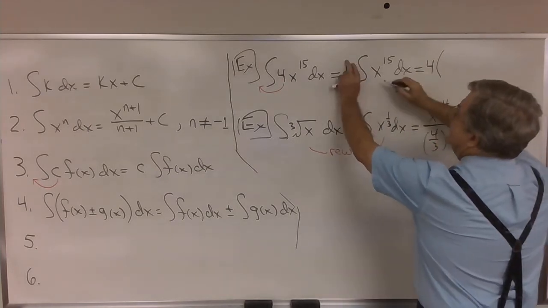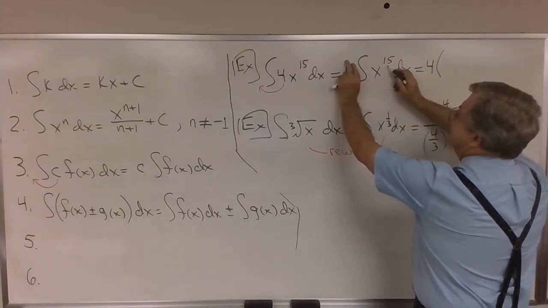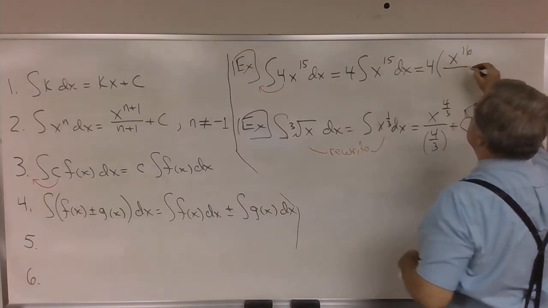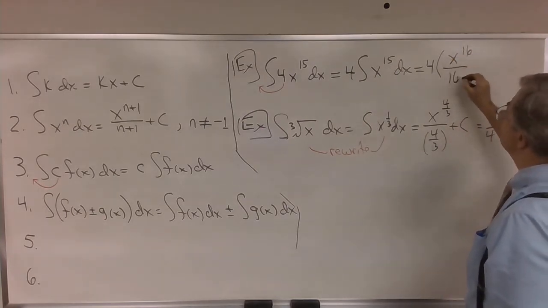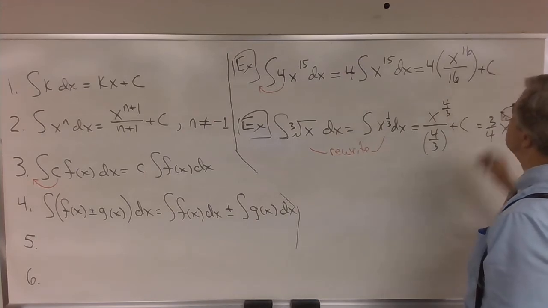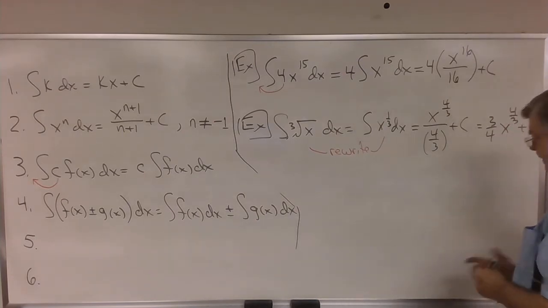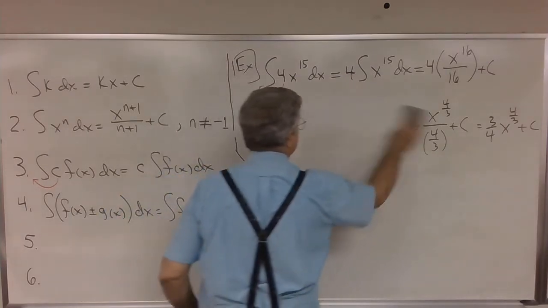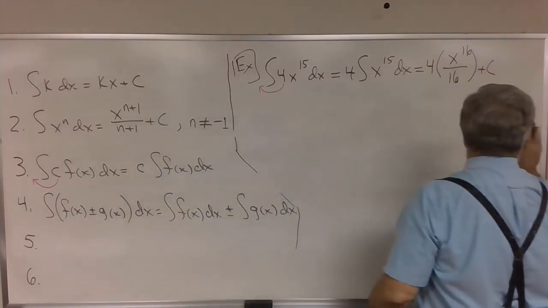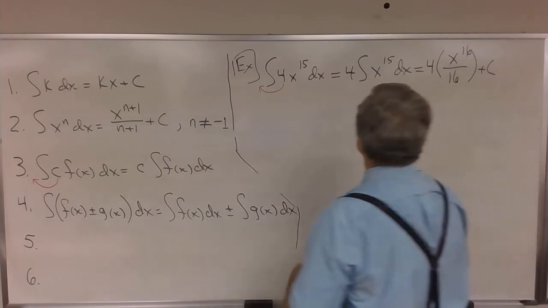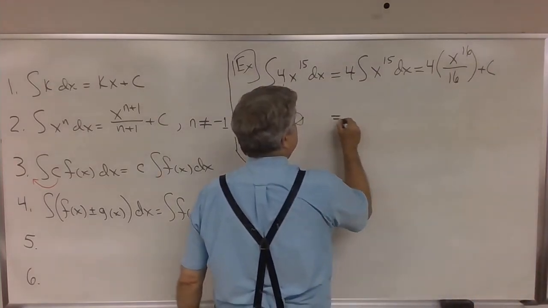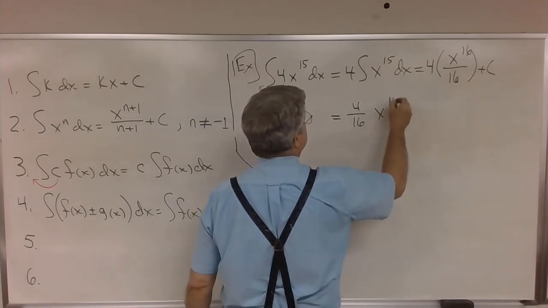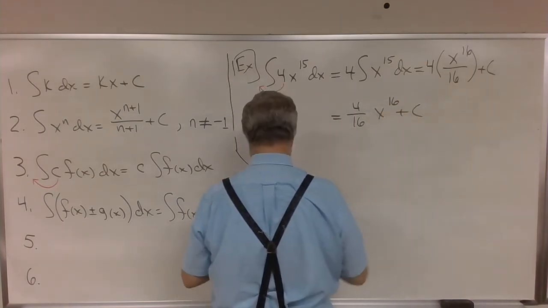And we compute the antiderivative of x to the 15th. We add 1 to the exponent, divide by the new exponent. And let's see, 4 over 16, x to the 16th plus c.